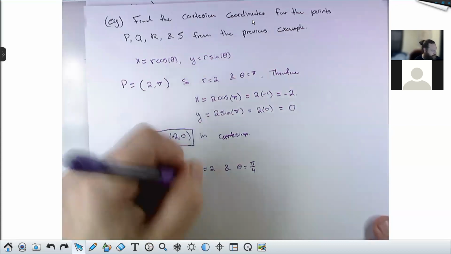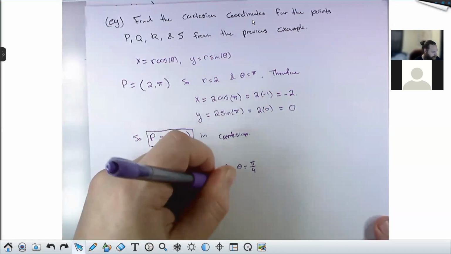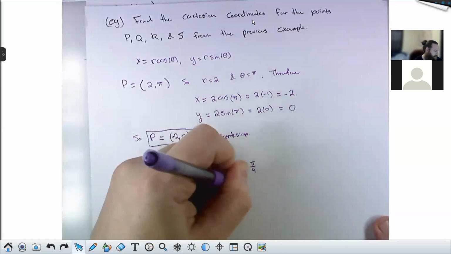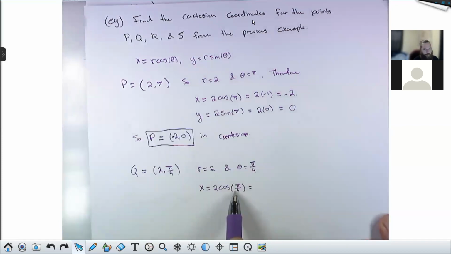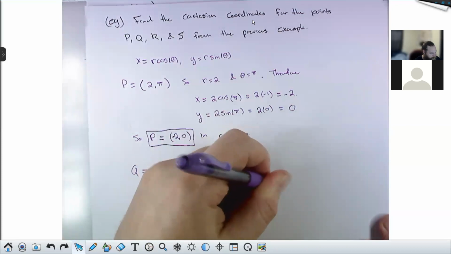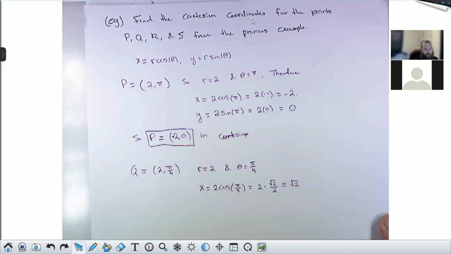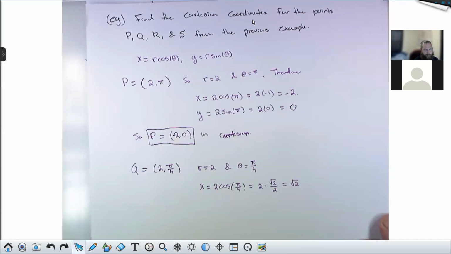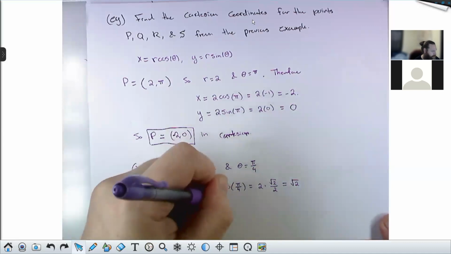This means that x should be 2 times the cosine of pi over 4. And the cosine of pi over 4 is √2/2. So this is 2 times the square root of 2 over 2, which is just the square root of 2. y should be r sine theta.